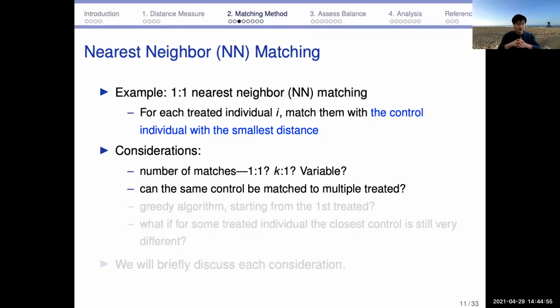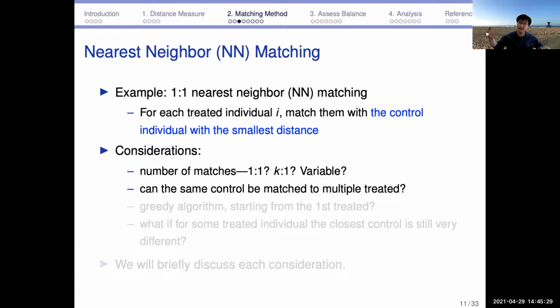I remember in our example, we have a treated individual, male, 18 years old. And there's someone in the control that is 30 years old. So of course, you might want to match that 30-year-old to this 18-year-old male, but that control may also be very similar to another individual.